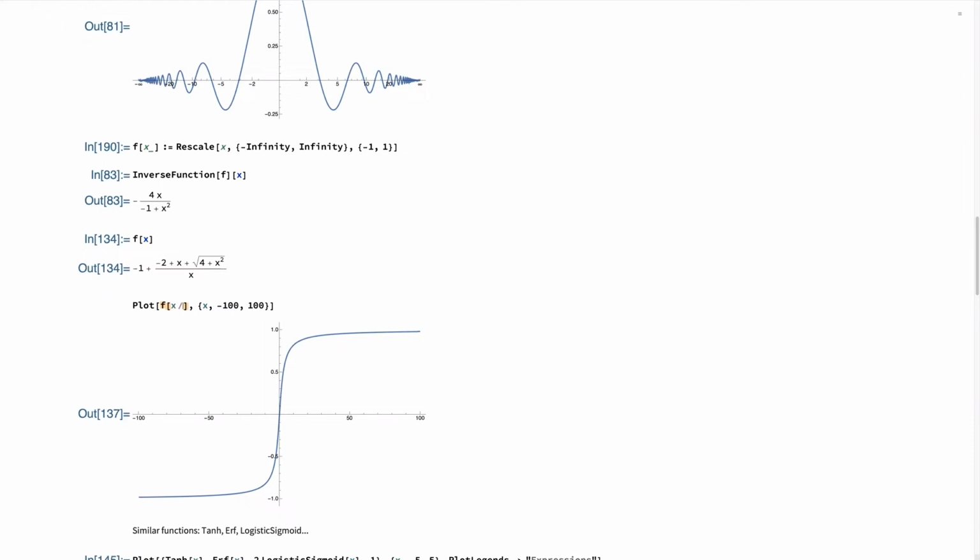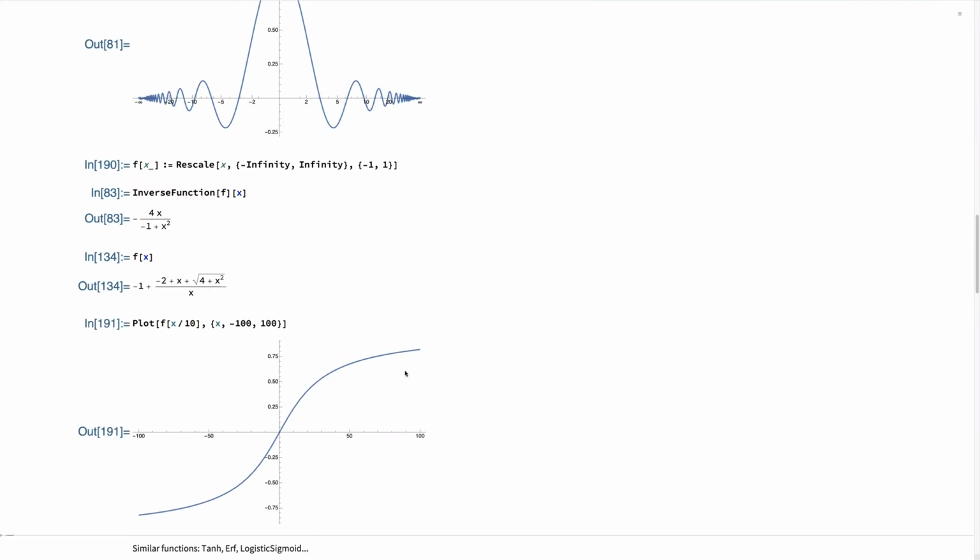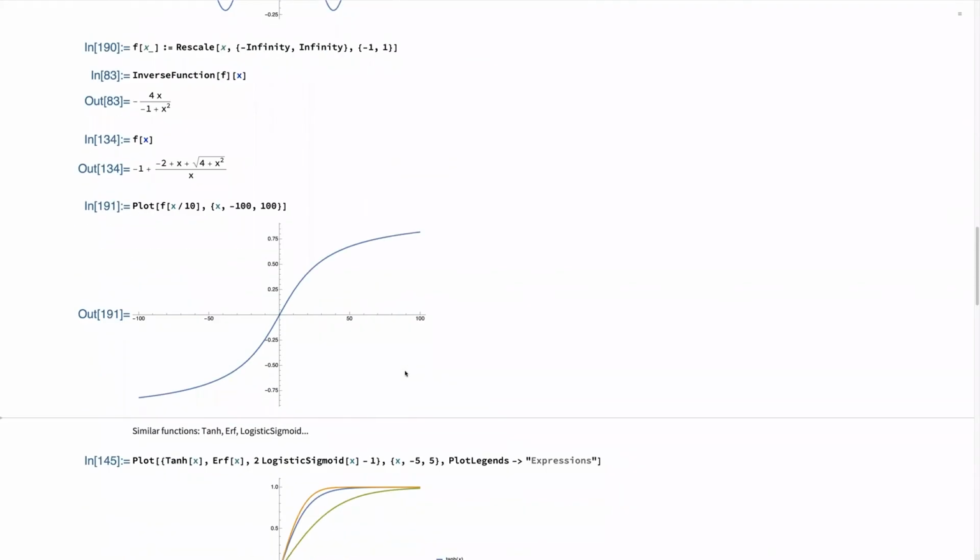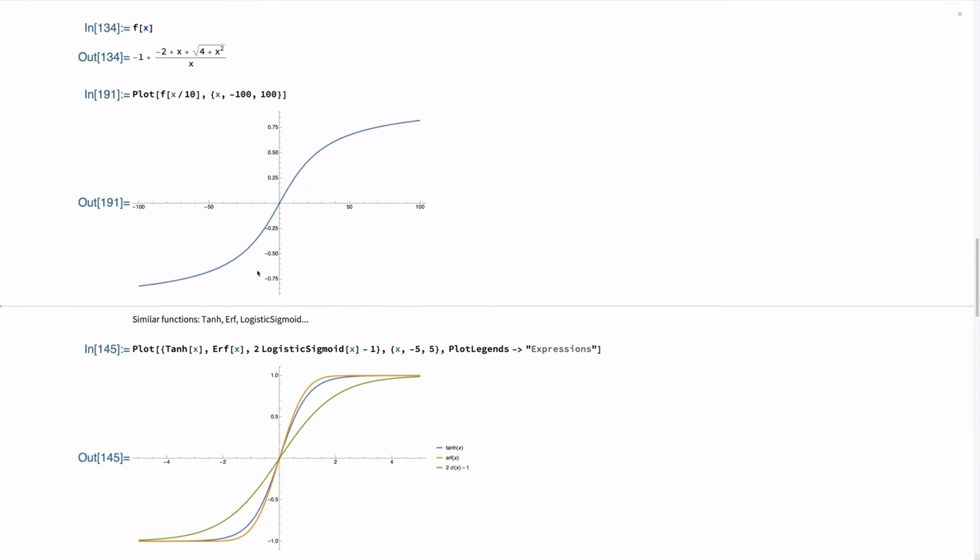You can change this transformation function so that it tapers much slower. There are also other functions, like this polynomial function, that provide a similar curve, like tanh, the error function, or logistic sigmoid.